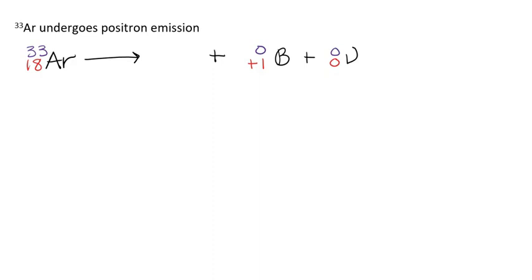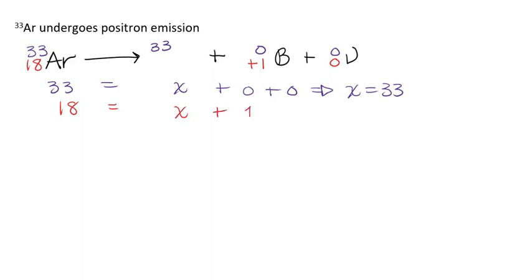Now we're going to do our math to figure out what our values are for the product isotope. So we have 33 equals x plus 0 plus 0, and that is 33. So beta emission and positron emission, the mass number doesn't change. For the Z, for the charge, we have 18 equals x plus 1 plus 0.